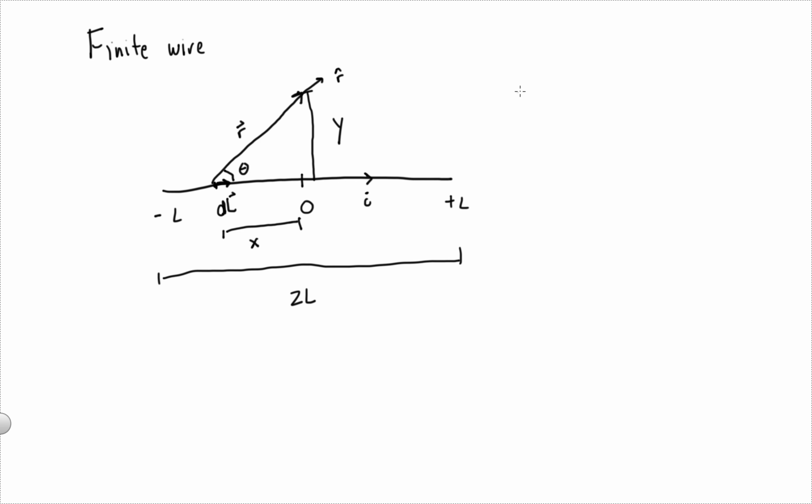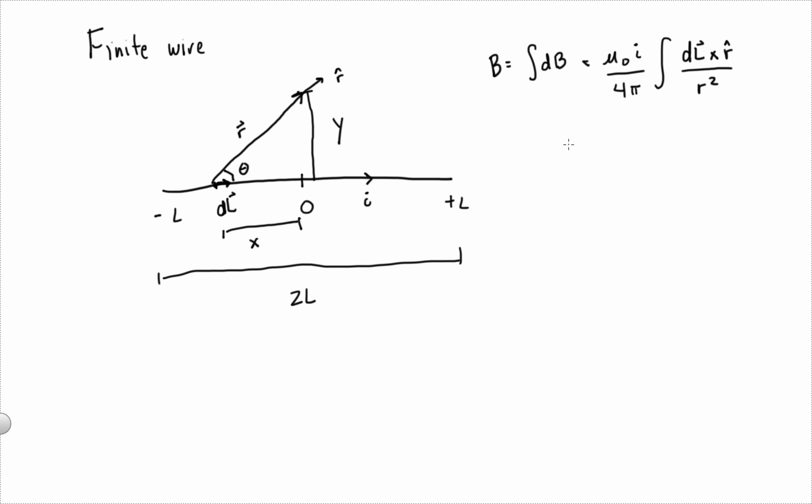Okay, so what does the Biot-Savart law tell us? Well, we know that it can be written as the integral of dB, which is mu naught I, all constants, over 4 pi times the integral of dl crossed into r hat, all over r squared.